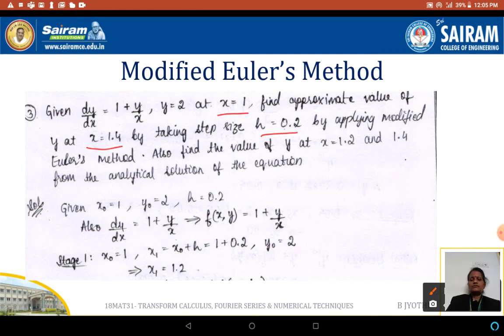Okay, so what has been given here? The function is f of xy, which is 1 plus y by x. x0 is 1 and y0 is 2, which is the initial condition they have given. So f of xy is 1 plus y by x, and the stage 1 is x0 is 1, x1 is x0 plus h, which gives y0 is 2 and x1 is 1.2.